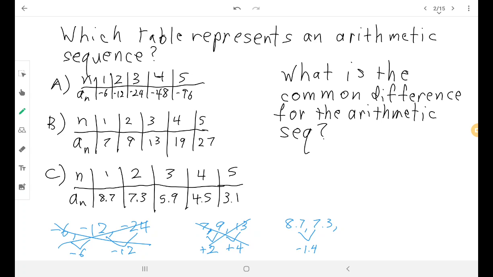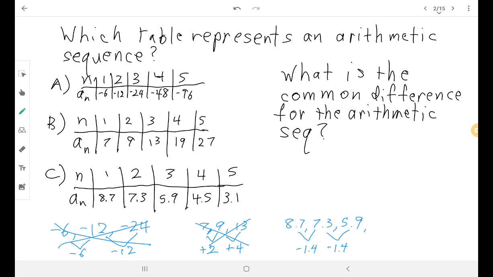And then from 7.3 to 5.9, if I look at these two, what do I add to go from 7.3 to 5.9 is again -1.4, because if you do 7.3 minus 5.9, you get 1.4.